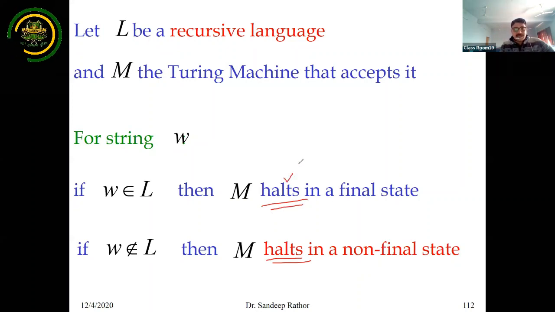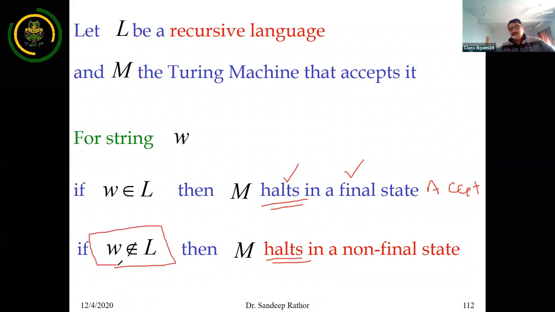In the case of acceptance, your Turing machine should halt in the final state. If W does not belong to L, your Turing machine must halt in the non-final state. In both cases, your machine will halt. Halt means you have the certainty.